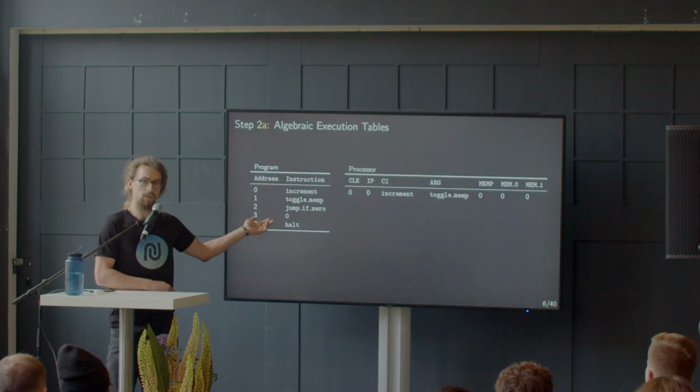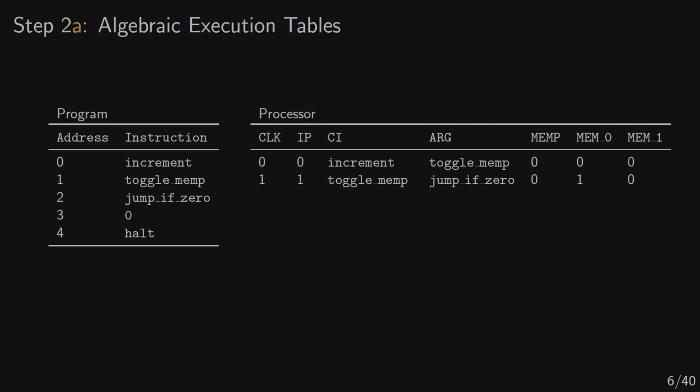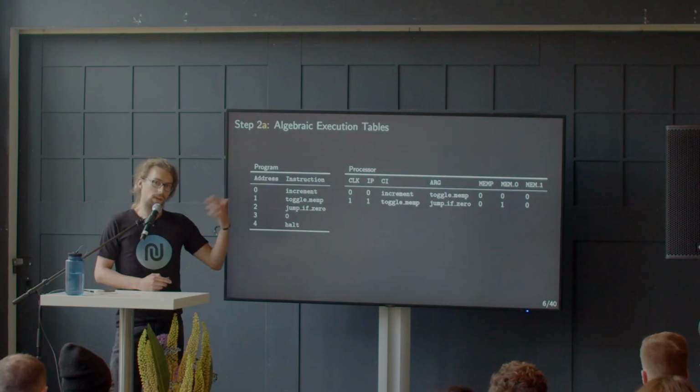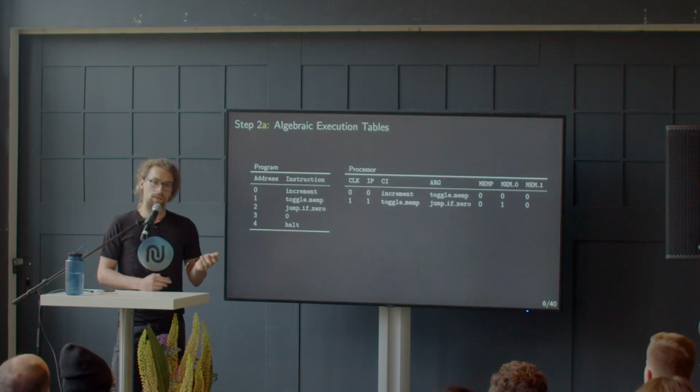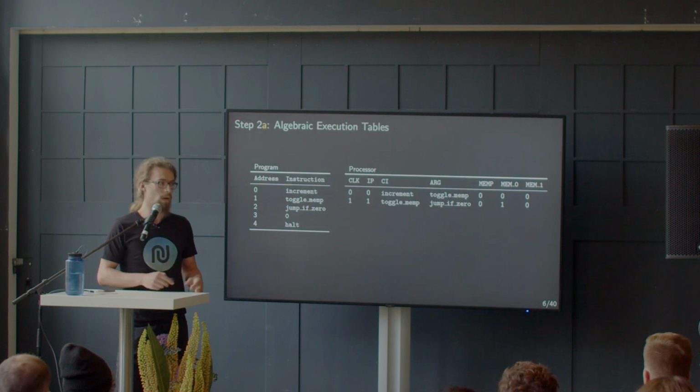So we execute instruction increment, and the clock cycle increments by 1. The instruction pointer, this is not control flow, so it increments by 1. We load the next instruction, and the pointer to memory cell increments by 1. No big surprises there. And this is the next row in our table.